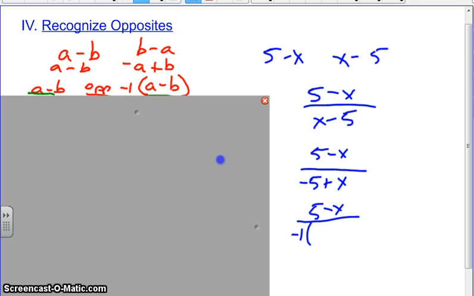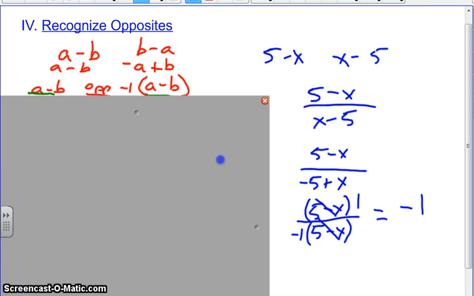What's left inside? Negative 1 times 5 minus x. Do you see that? And so 5 minus x over 5 minus x equals what? It equals 1. But because of that negative in the denominator, we have a value of negative 1.